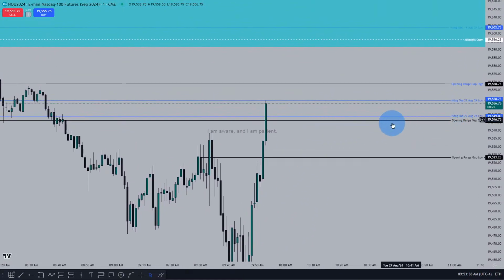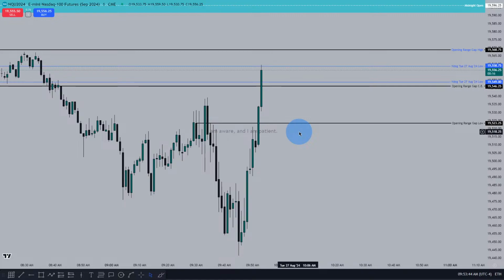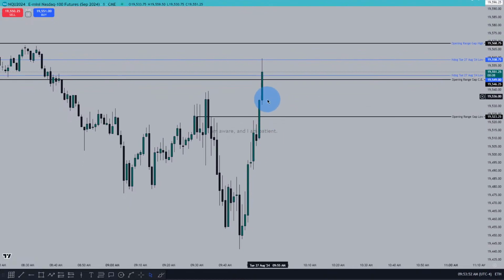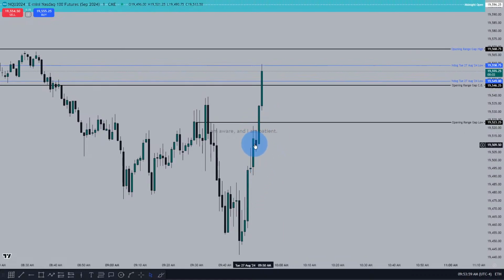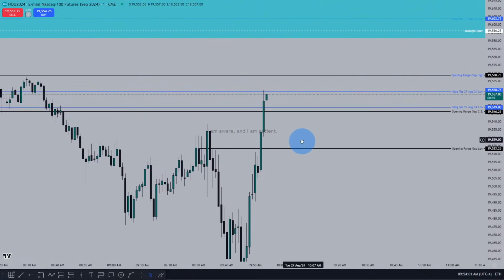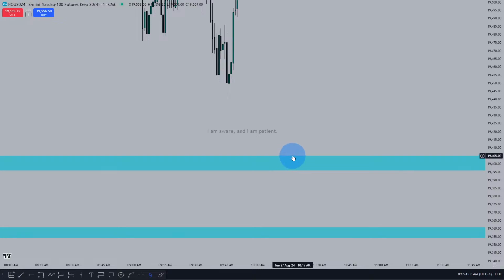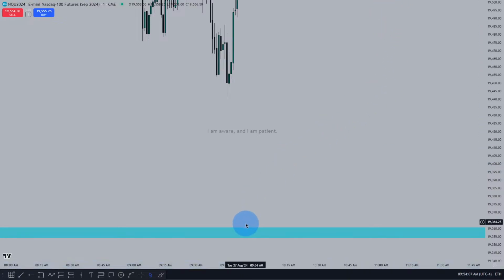So we're within the newly opening gap, and this filled the consequent encroachment of the opening range gap. And in around 8 minutes, we're going to have our opening range. I want to see how it treats the fair value gaps. So now I've got an order block here, and we're still continuing to push higher. Take these off for now.